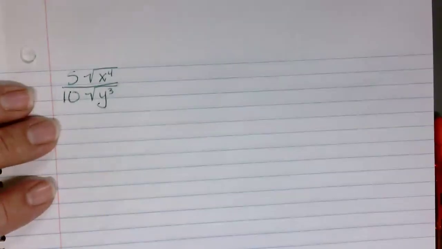The next one is working on those quotients again. So if we have 5 square root of x to the 4th over 10 square root of y to the 3rd, what can we do with that? Well, the 5 and the 10 can be reduced. So let's start there. 5 divided by 5 is 1.